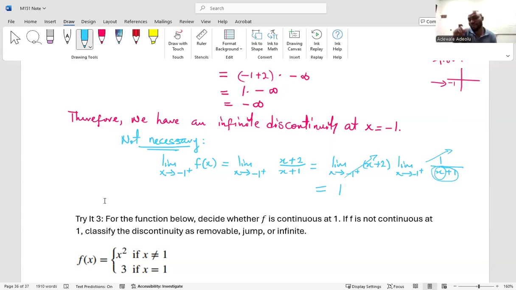I'm dividing 1 by a very small number, so this part is going to be positive infinity, and everything is positive infinity, right? We can claim that the limit does not exist, because this is -infinity on one side and positive infinity on the other. But it is enough for us to know that there is an infinite discontinuity at x equals -1, even by just getting this one. So I hope that is clear to you.